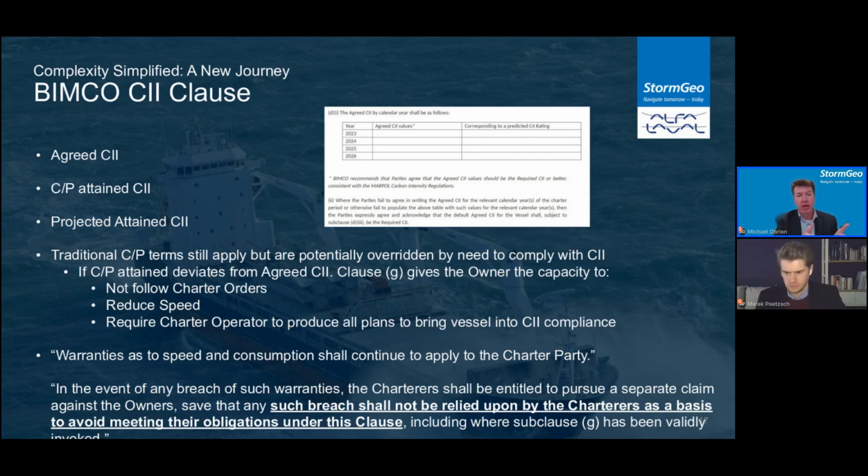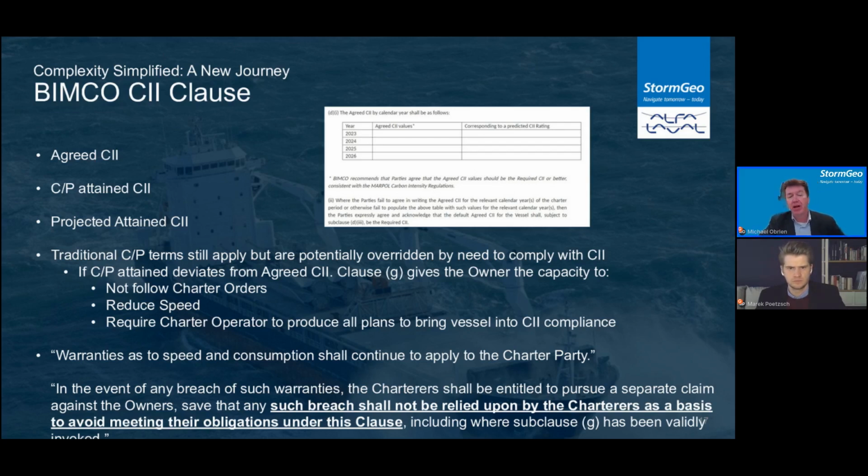Because the BIMCO clause allows the charterer to deduct, if agreed upon, certain off-hire periods. However, those off-hire periods can't be excluded from the overall annual attained CII. So just keep in mind that while a vessel is out, there could be the necessity to maintain two sets of data, one for the overall CII and one that's going to be representing the CP attained.